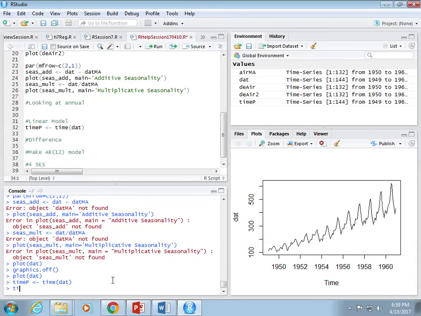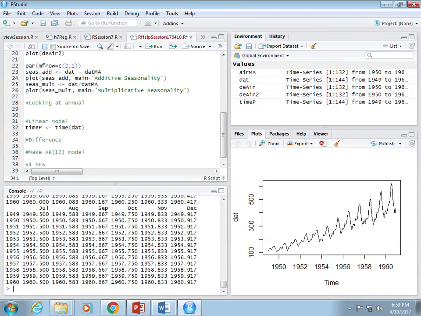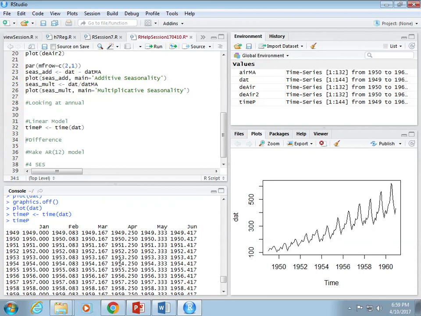If you want to see what time p is, it's just the dates in a numeric version. It splits the years up into 12 for the months. That's all it's doing, it's grabbing the date basically. And we're just going to regress the number of passengers as a function of that year.